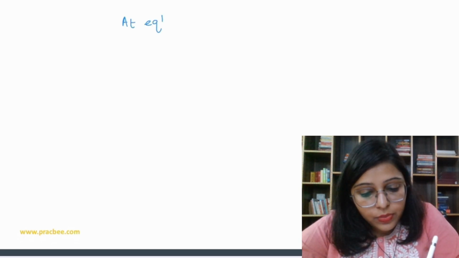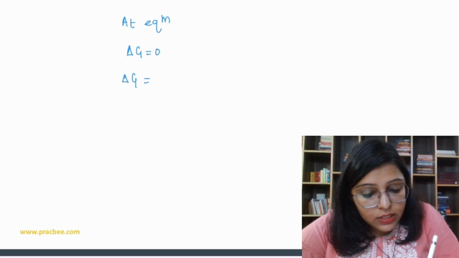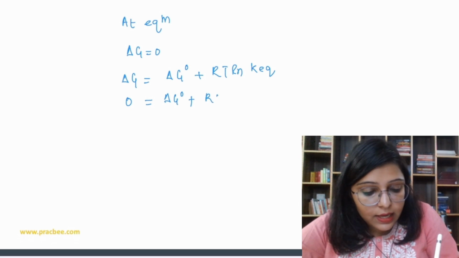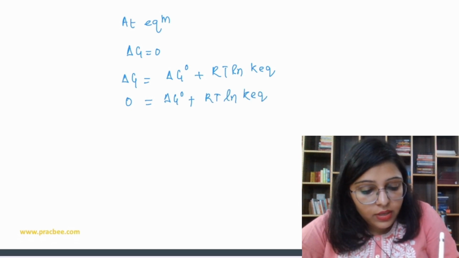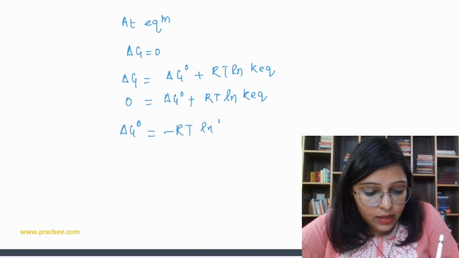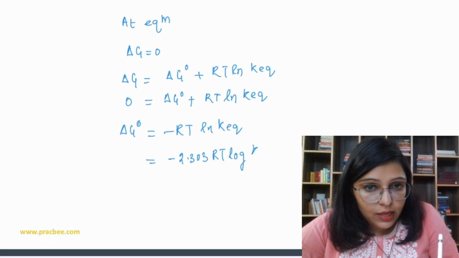So at equilibrium, we know that delta G is equal to 0. So we have delta G is equal to delta G naught plus RT ln K equilibrium. So 0 is delta G naught plus RT ln K equilibrium, or we can say that delta G naught is equal to minus RT ln K equilibrium, or minus 2.303 RT log K equilibrium.